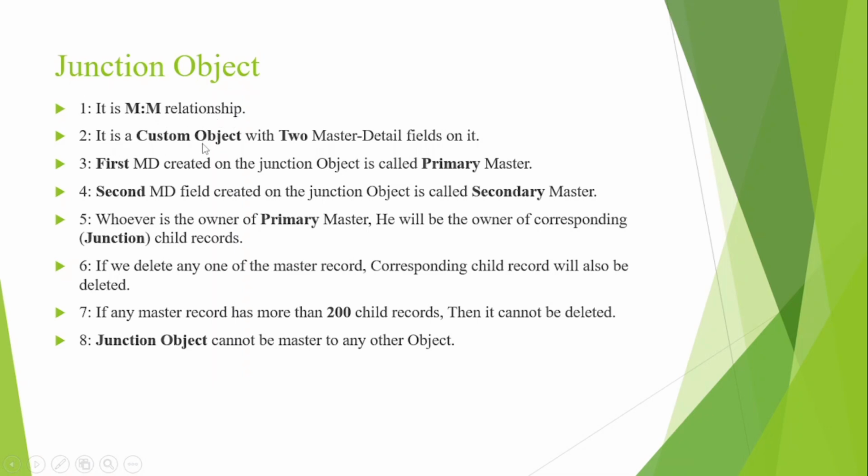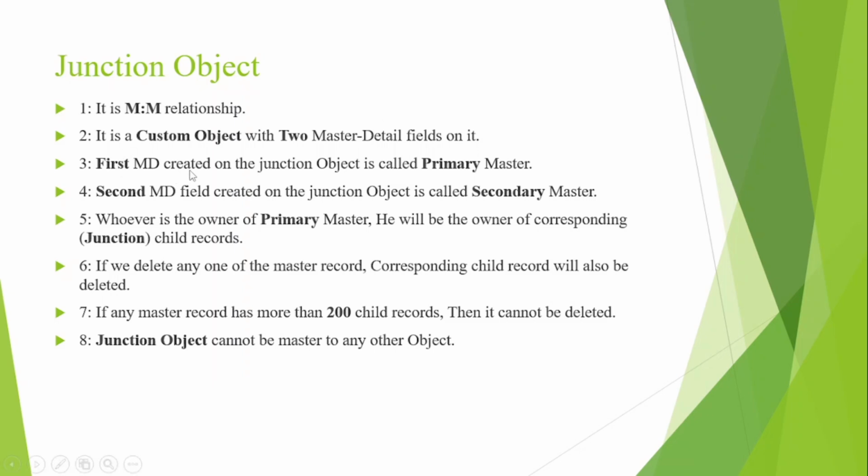It is a custom object with two master detail relationship fields on it. So on this object we are going to create two master detail relationships. If one object has two master detail relationships, that is called a junction object.